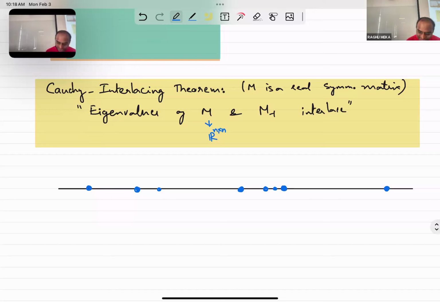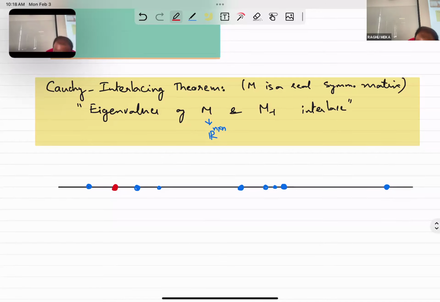Okay, so that's the miracle, that we don't know exactly where, but every one of them should be between the gaps. They could be very close, very far, maybe right in the middle, who knows, but they should be in between. It's not going to go over or below.